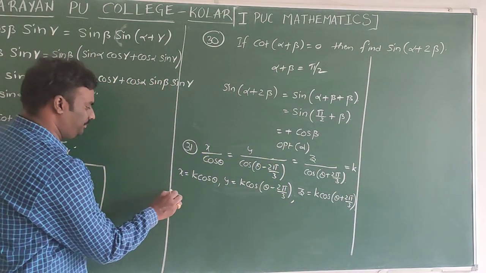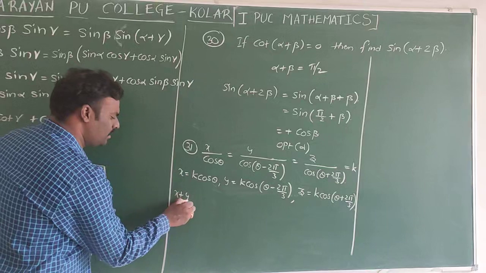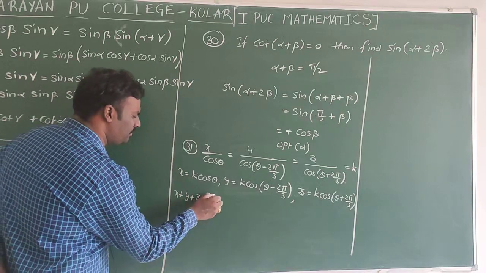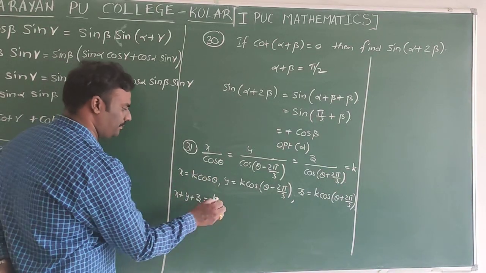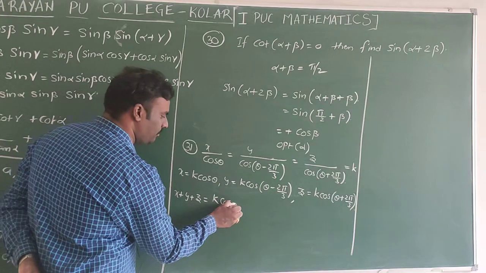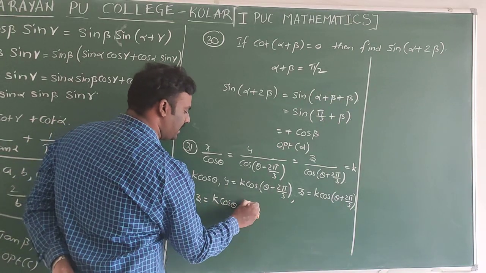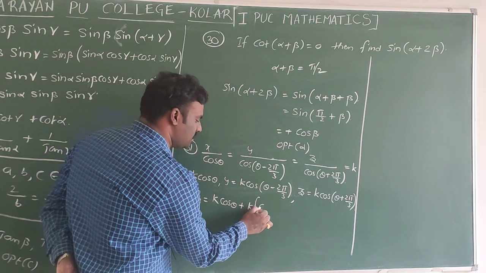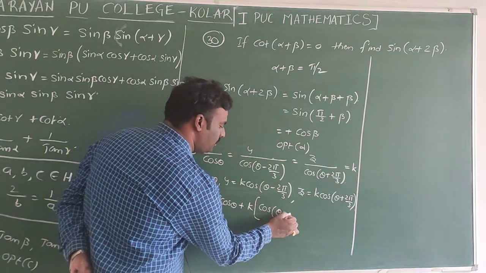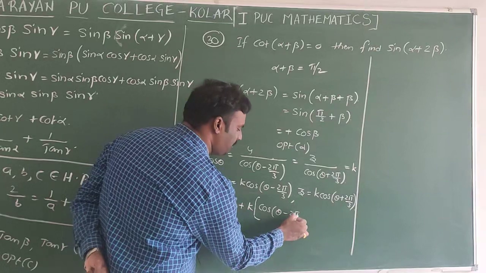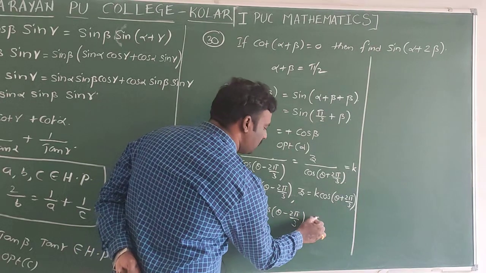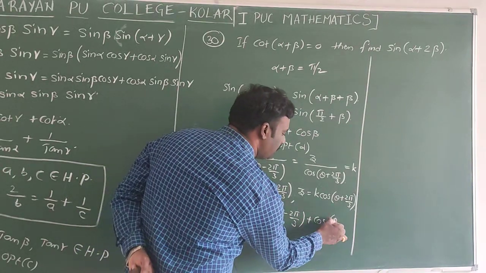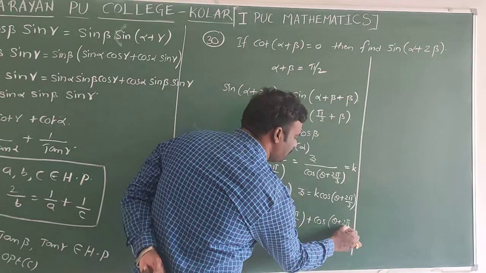We need to find x plus y plus z. K cos theta plus, in these two I will take k common. So what is remaining? Cos of theta minus 2 pi by 3 plus cos of theta plus 2 pi by 3.